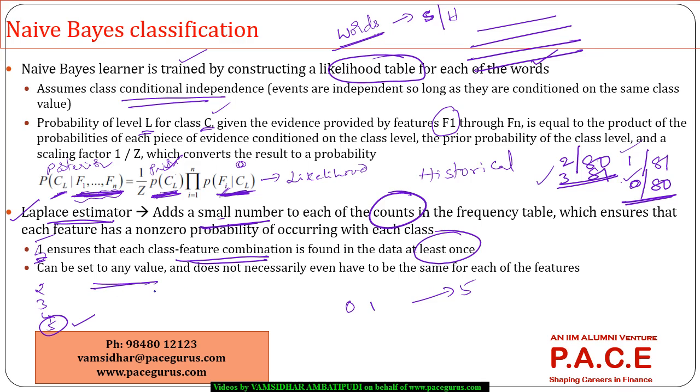It can be set to any value, and in some cases I can even set it differently for different kinds of words as well. If I have to really play around with the model, the Laplace estimator is something that I play around with. I can change the values associated with the Laplace estimator, so that my different classification proportions will change, and after that I'll be testing it on my test data to ensure the accuracy of the model.